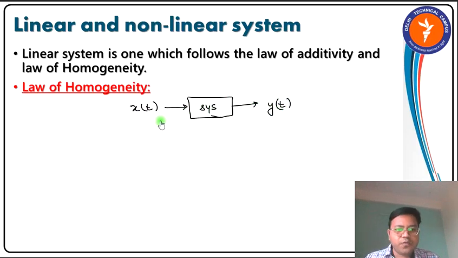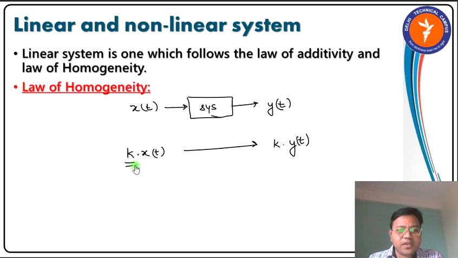Now if we input a scaled version of this input x(t), then in the output we should get k times y(t). That is, if we scale the input signal by a certain factor, then the output must be scaled by the same factor. If the scaling in input is reflected in the scaling in output, then we say the system is homogeneous, or it is following the law of homogeneity.